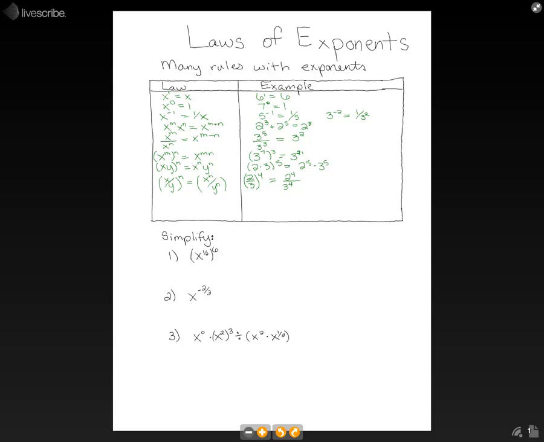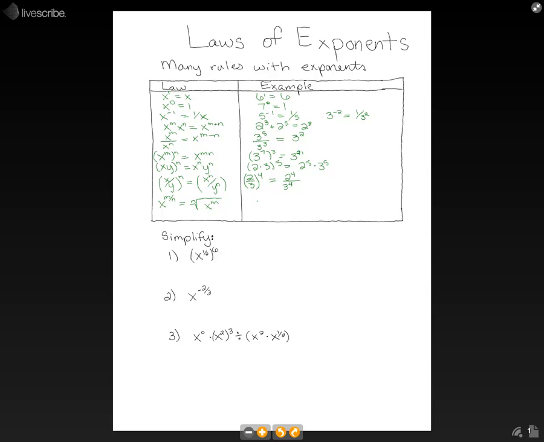And the last one we're going to look at today is x to the m divided by n, so that is a fraction in our exponent, is going to equal the nth root of x to the m power. So whenever we have fractions, our numerator of the fraction is still our exponent, and our denominator is going to be the root.